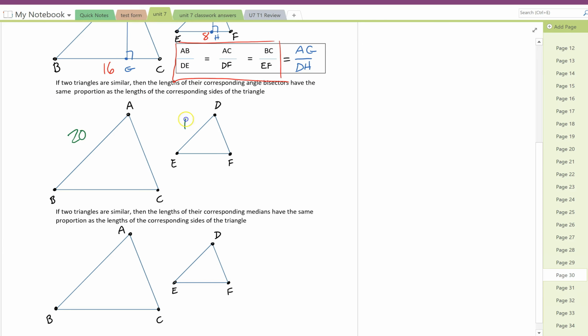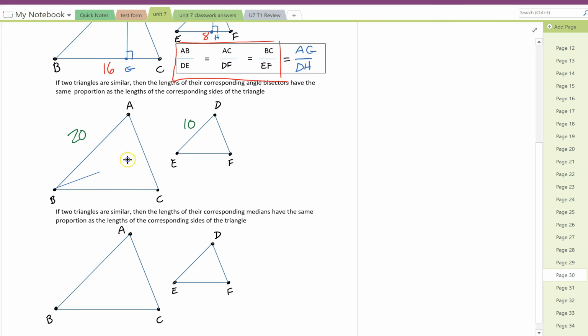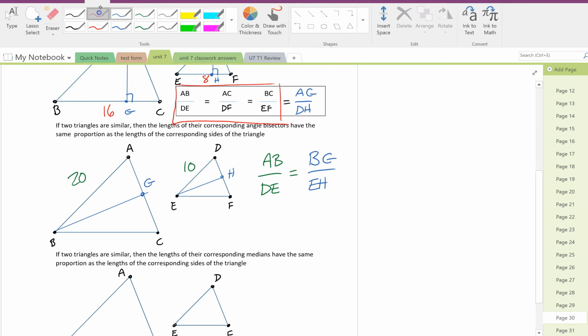If this side is 20 and this side is 10, and I assume that the ratio between the other pairs of corresponding sides is also 2, then the ratio between this angle bisector, call that BG, and, let's call this EH, again, the ratio between AB and DE is going to be the same as the ratio between BG and EH. And that's if we're dealing with an angle bisector. I should have sort of marked that down here.